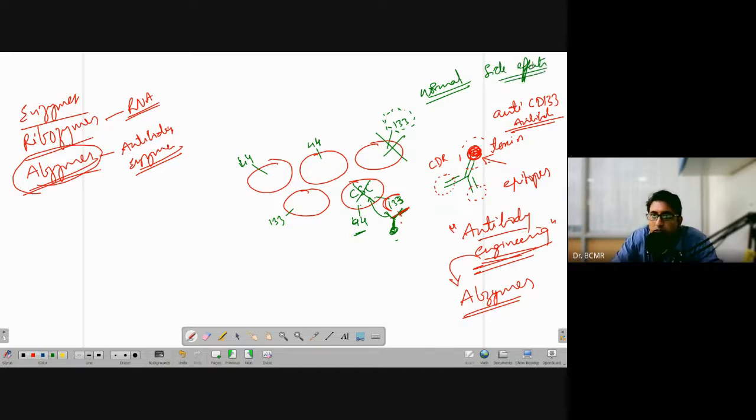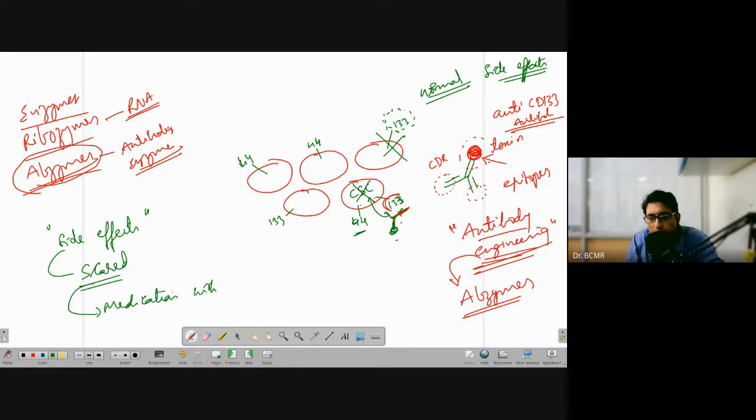Most of the treatments, the majority of treatments, will have some degree of side effects. And people are very scared about it. We are scared of side effects. So some of the companies will say, here is a medication without side effects.